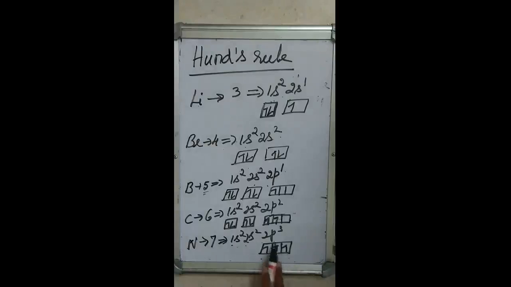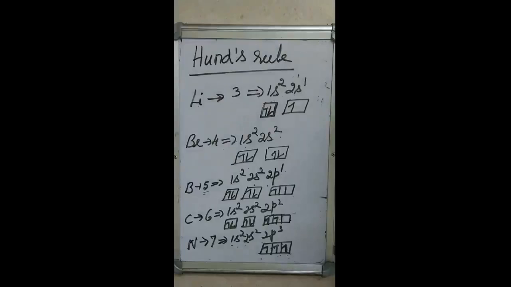All the orbitals of the p subshell are singly occupied, and this is also called half filled. Now all the spins are parallel. See, all electrons are in the upper direction. So it is singly occupied with a parallel spin.